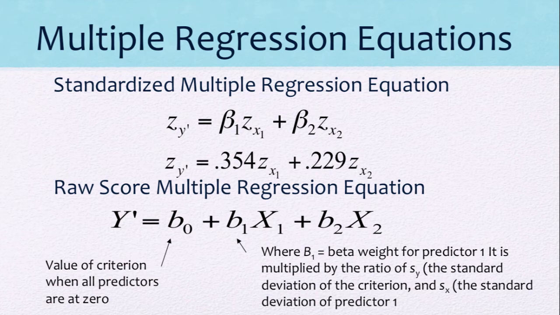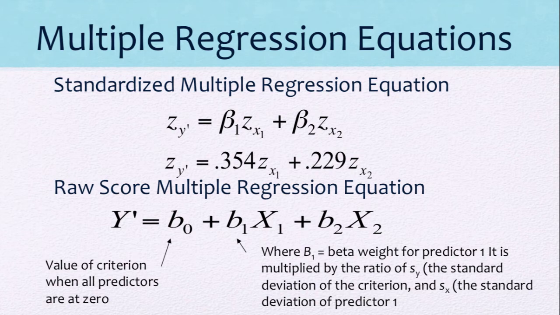The raw score multiple regression equation now looks slightly different from what you have seen previously. Here, B naught is actually the y-intercept. This is what y is when both x values are 0. The raw slopes are calculated slightly differently as well.